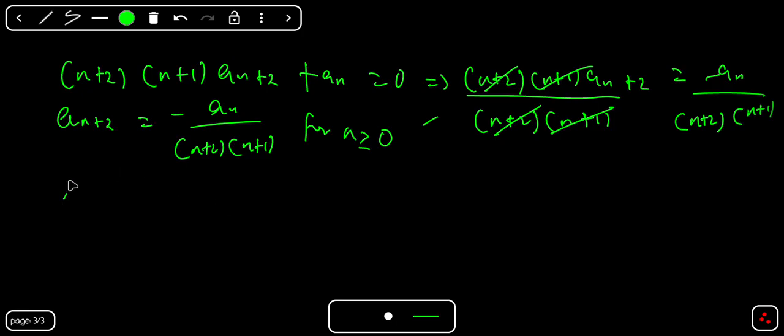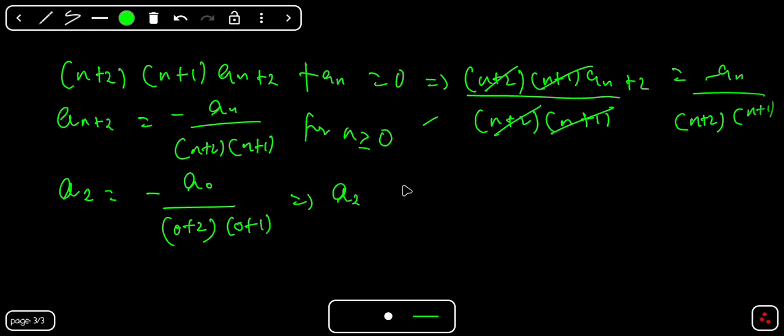We're going to have a2 is equal to minus a0, then over 0 plus 2 multiplied by 0 plus 1. So a2 is equal to minus a0, then over 2 multiplied by 1. 2 multiplied by 1 is 2, which is also 2 factorial. So this will be minus a0 over 2 factorial.